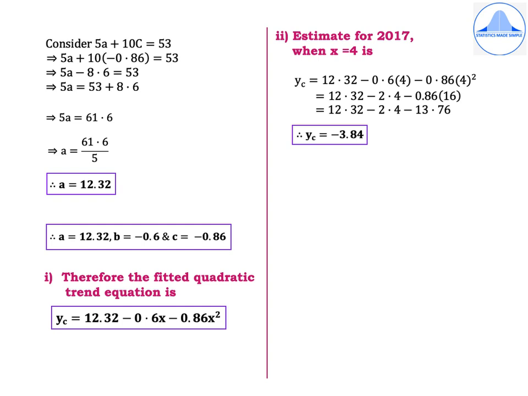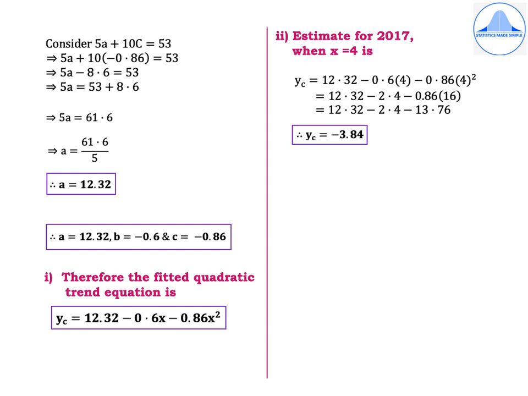Now, you know that for the year 2013 in the table, x is 0, for 2014 it is 1, for 2015 it is 2, so for 2016 it will be 3, and now for 2017 x will be 4.